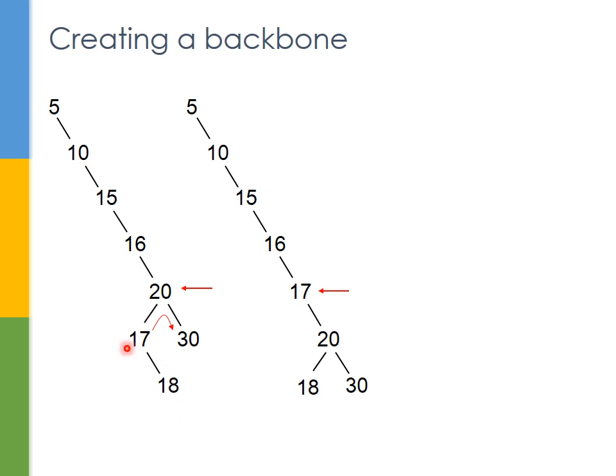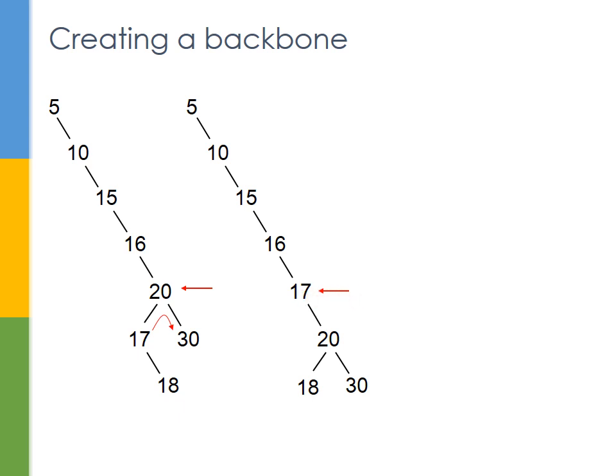However, we also have to deal with the right subtree of node 17, which is just node 18, and so this becomes the left child of the old parent, which is node 20 in that case. Again, we then have temp referring to the left child that just rotated up, so we rotated 17 up into the old position of node 20, and therefore temp refers to node 17.